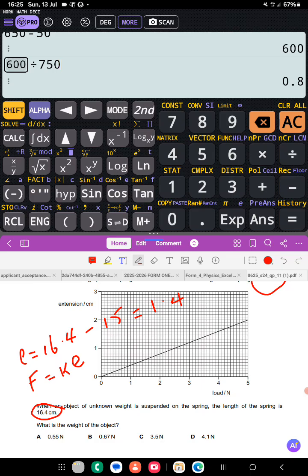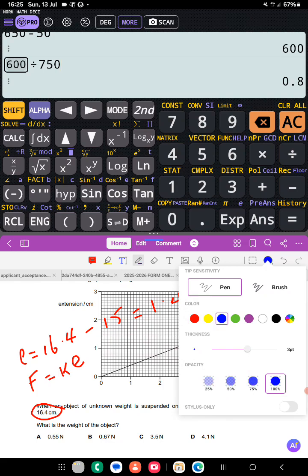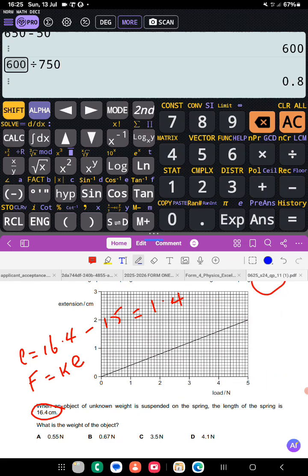In this case, we are required to find the force, or the weight. This force here is the weight. So from the graph, we need to work out the spring constant.